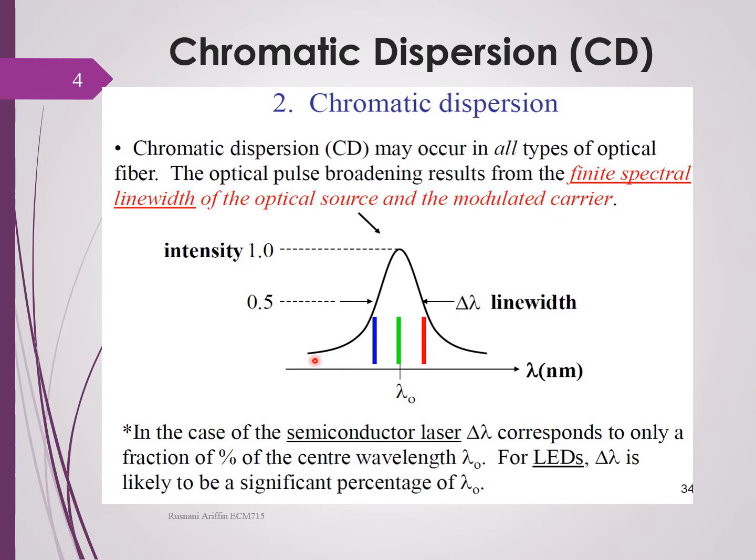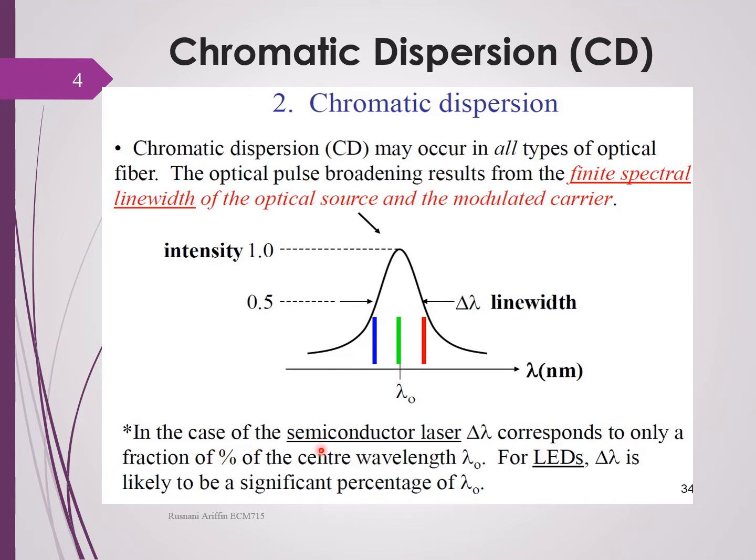You can see here the spectrum of our source. Even though we have a narrow line width for a laser, we still have a range of wavelengths within this particular line width.